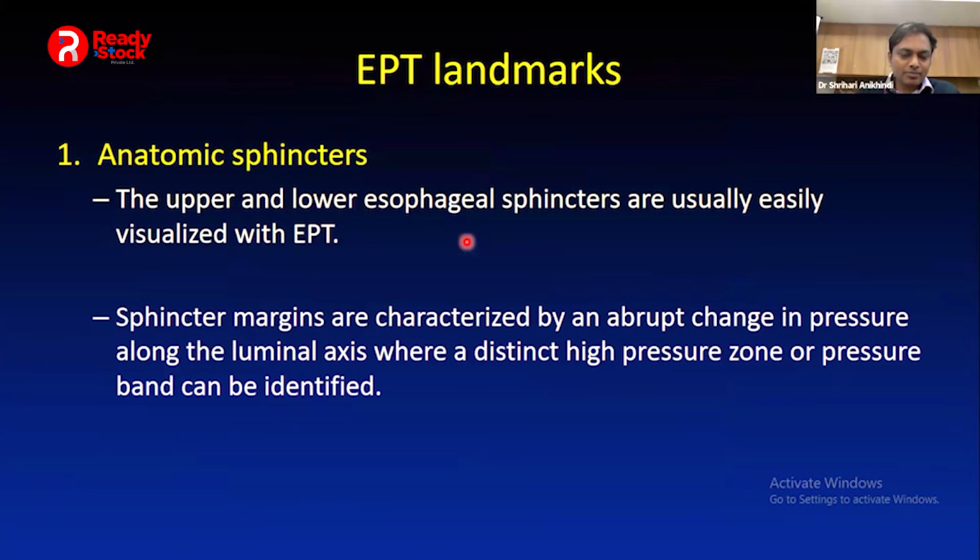The first important landmark that you have to identify is the anatomical sphincters. Okay, you have the upper esophageal sphincter and you have the lower esophageal sphincter. So these sphincters are usually easily visualized as I showed you in the previous graph. So sphincters are characterized by abrupt changes in pressure. So you'll see them as a high pressure zone, and the pressures will go down when the patient is swallowing.